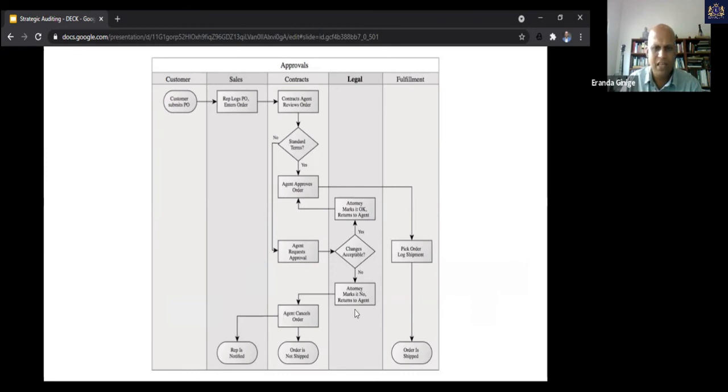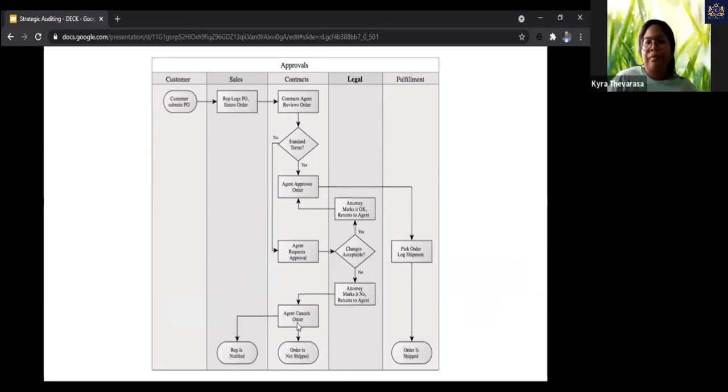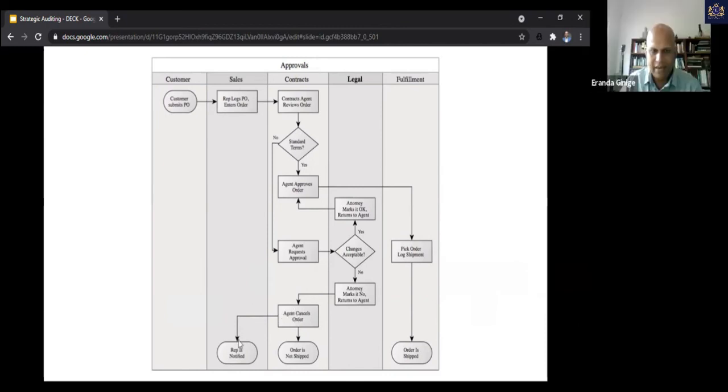Now, if the changes are not acceptable, if the legal department says no, then the agent will cancel the order. The sales rep will be notified, order is not shipped, right? Now this is basically an internal control system for sales.